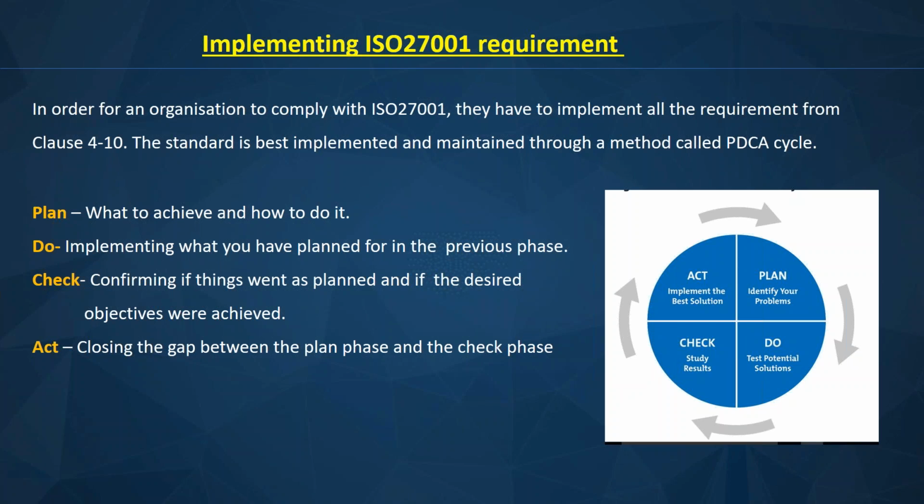Okay, the plan is what to achieve and how to do it. That's where you identify your problems. That's the part where you're going to do the planning, where you're going to be doing the risk assessment. You have not started doing it, you are still planning it.